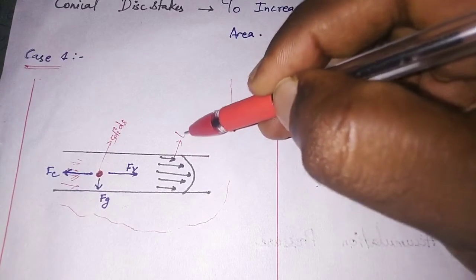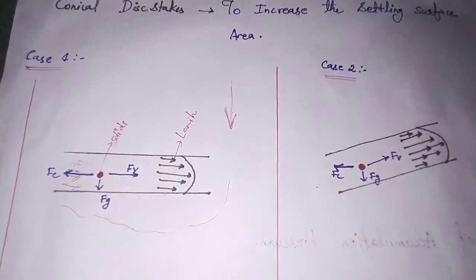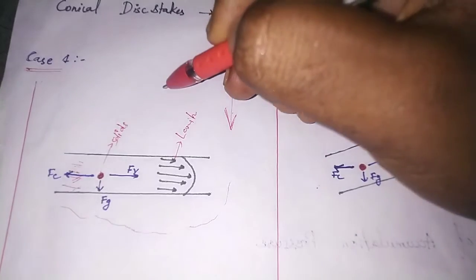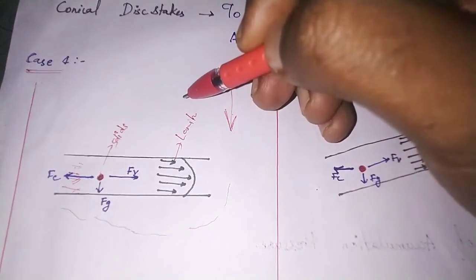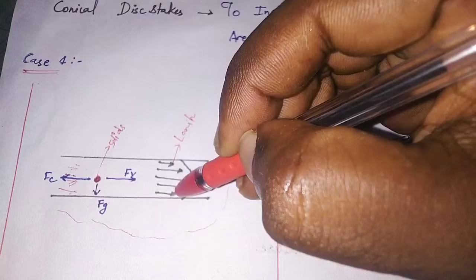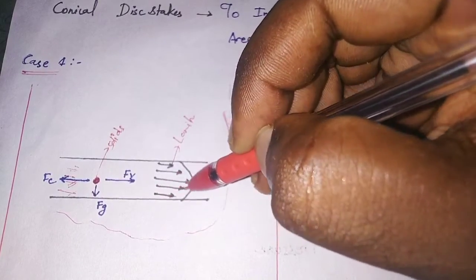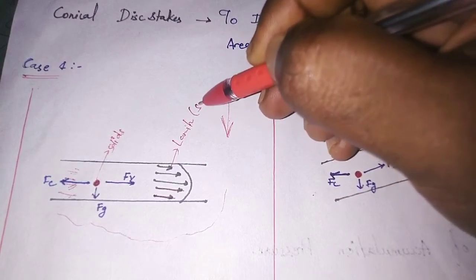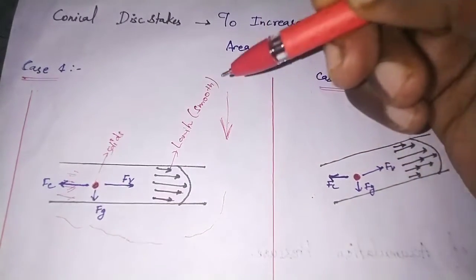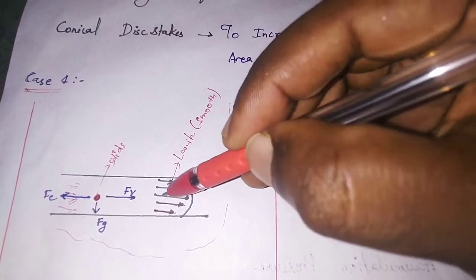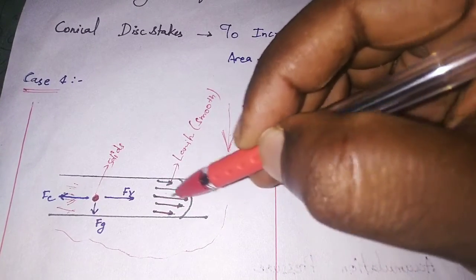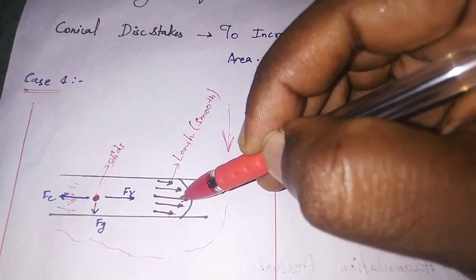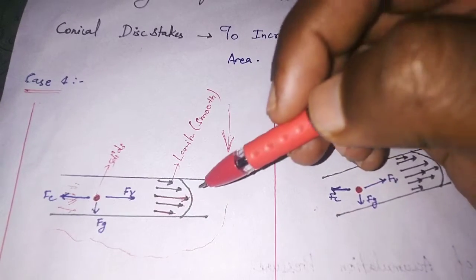When the dirty oil moves between the two discs, the flow is laminar. What laminar flow means is that all particles move in a straight line, in the same direction, and the flow is smooth. Due to laminar flow, the center particles of the dirty oil have higher velocity.